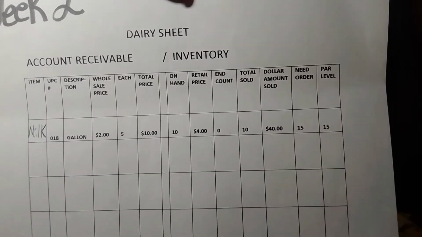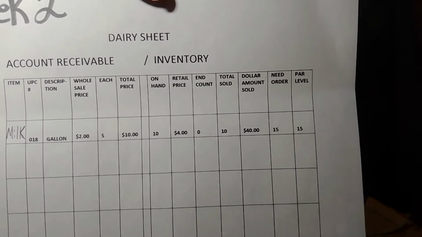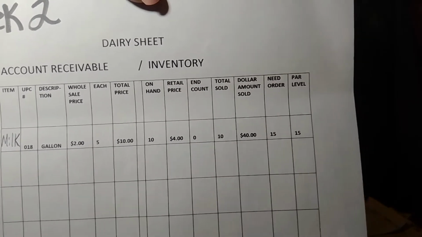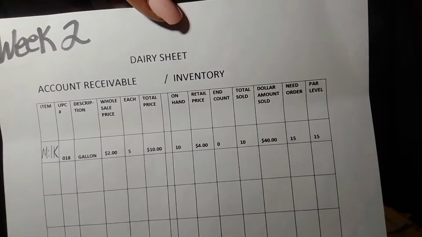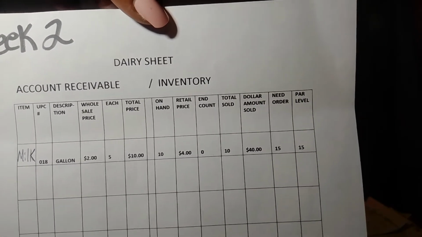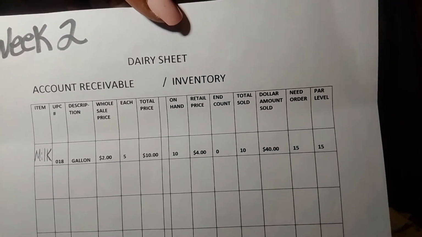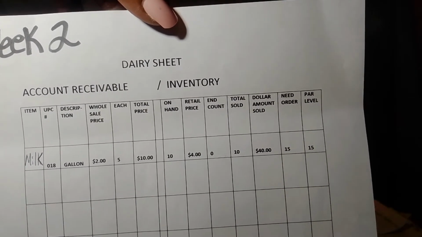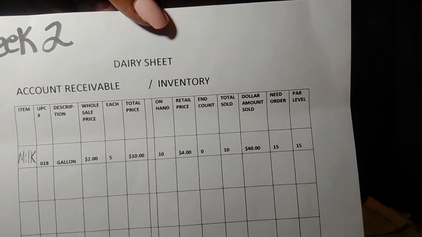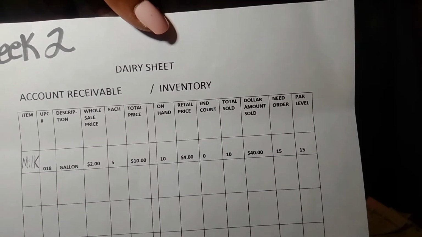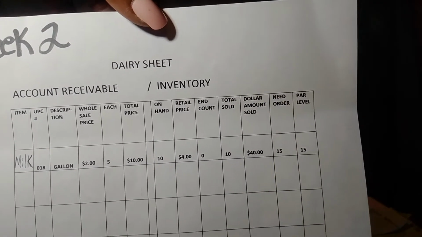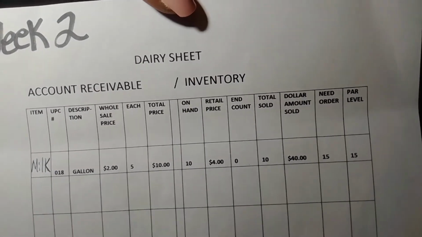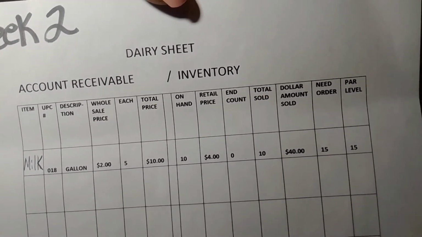Okay? So you remember your on hand was 10. Remember, it's 10. Your retail price is $4. That's what you sell it for. Your ending count for milk was 0. Remember? And then your total sold was 10. And your dollar amount sold was $40. And need order 15. And your par level has moved to 15. Okay?